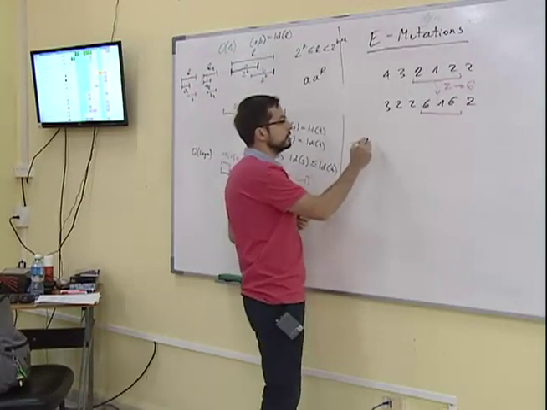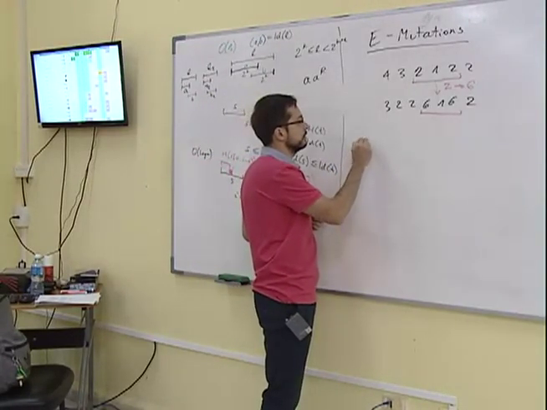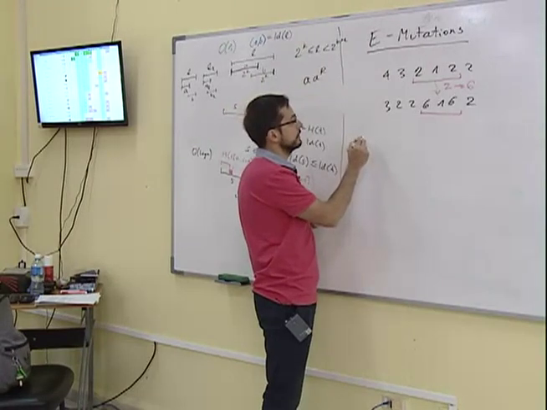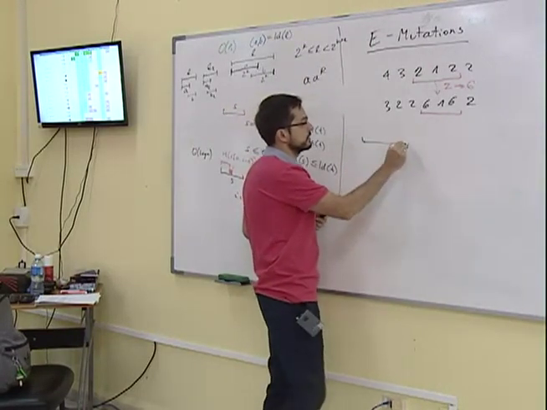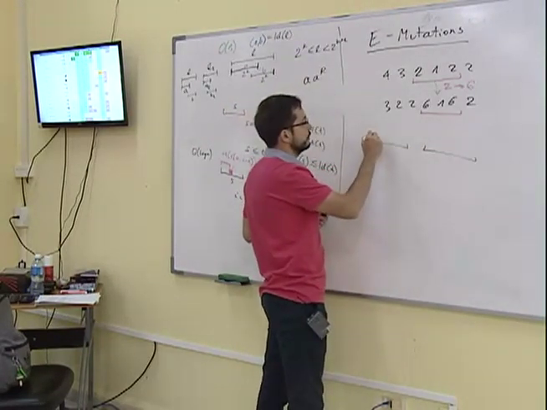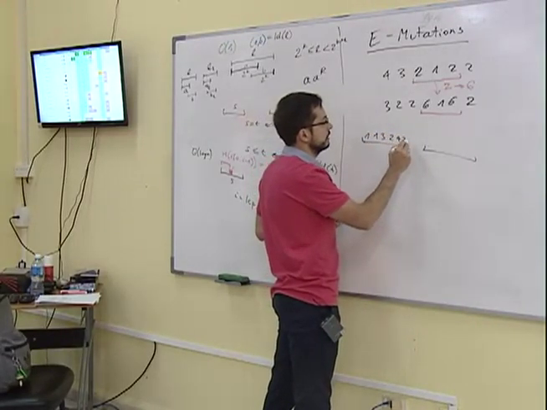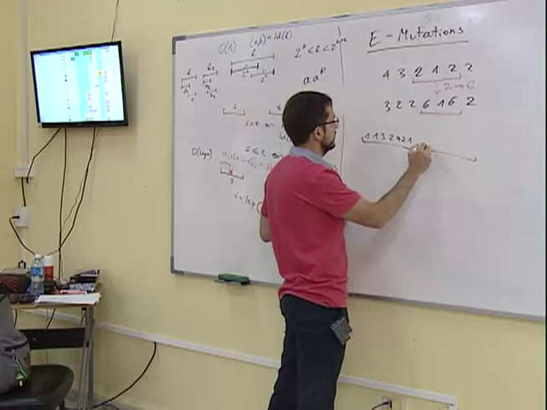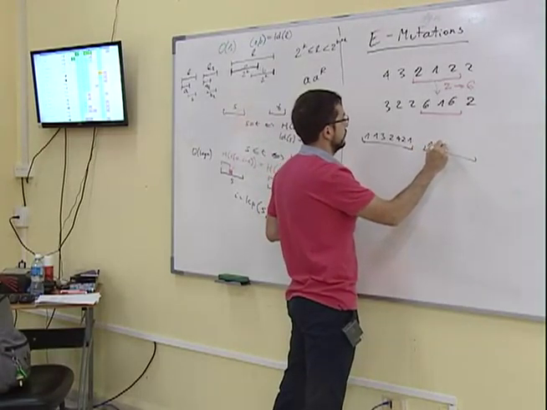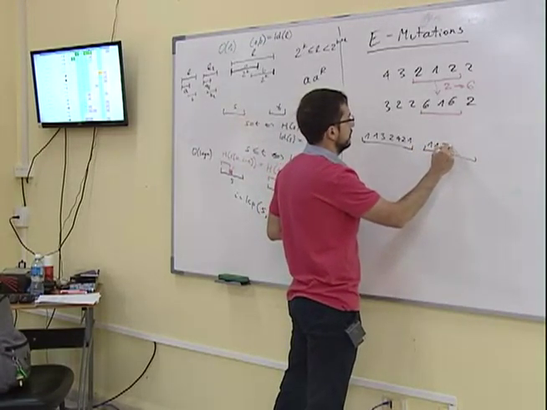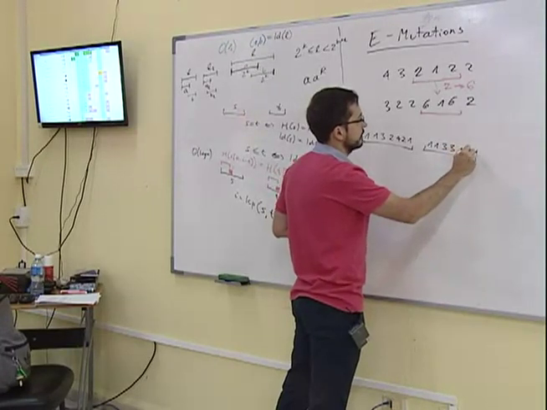But in a general example, maybe the substring will be 1 1 3 2 4 2 1, and the second will be 1 1 3 3 4 3 1.